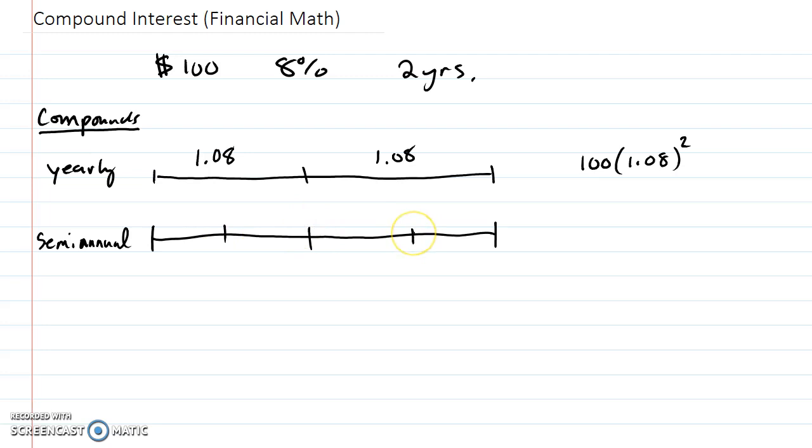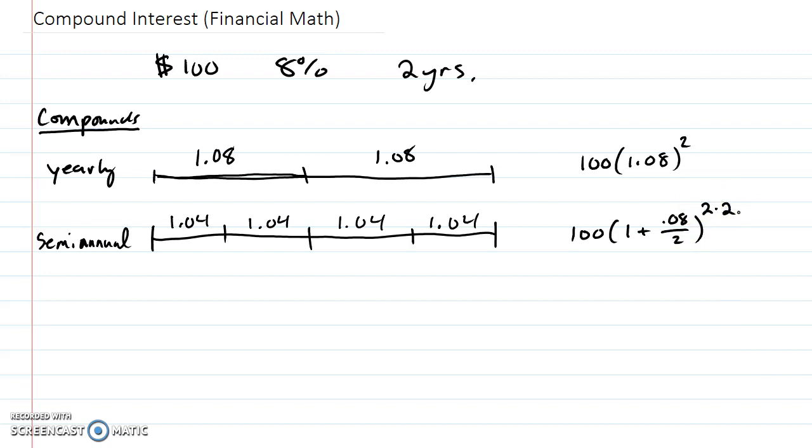But we're going to split those years up into 2, and we're still going to do 1.08 over 1 year, but we're going to kind of cheat by doing 1.04 twice. So what we do is we split our interest in half, and then we do twice as many compounds. So that would be 100 times 1 plus, and so we're going to first take our interest divided by 2, but then we're going to do twice the number of years.